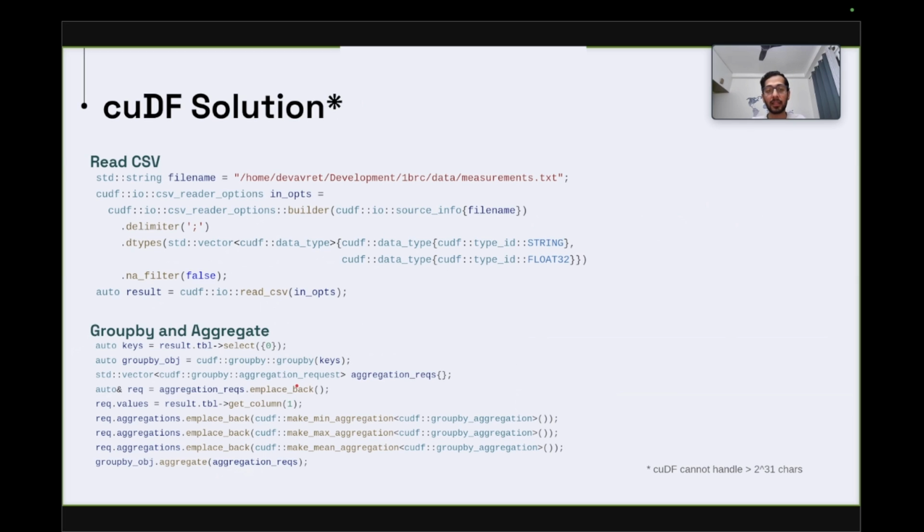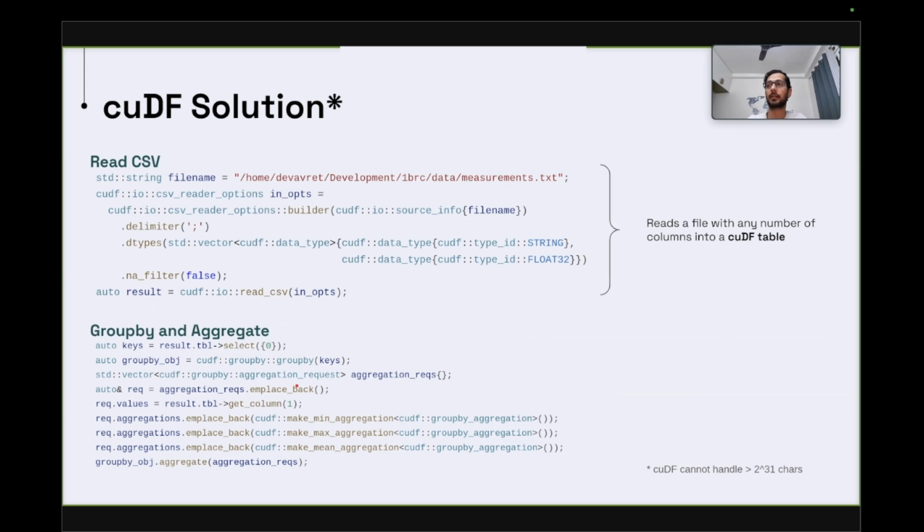A caveat here is that this is a lot of data to be read at once into the GPU, but also cuDF has a limitation of column sizes being int32 max. So it cannot have more than 2 to the power 31 values, which means you can't pull the entire table into a single cuDF data frame anyway.